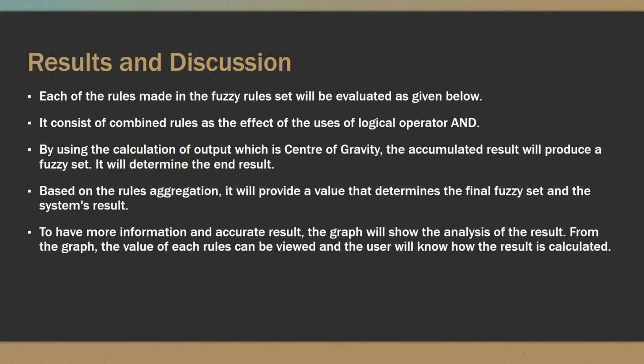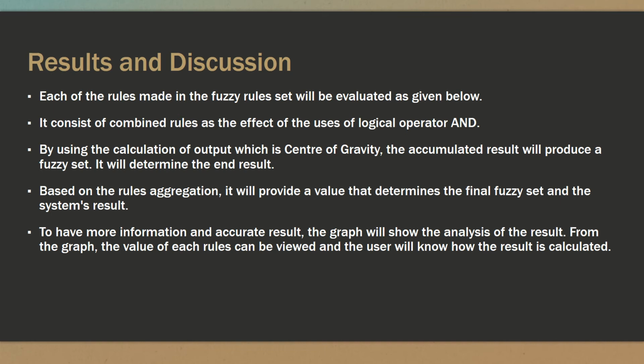Results and discussion. Each of the rules made in the fuzzy rules set will be evaluated as given below. It consists of combined rules as the effect of the use of the logical operator AND. By using the calculation of output, which is center of gravity, the accumulated result will produce a fuzzy set.